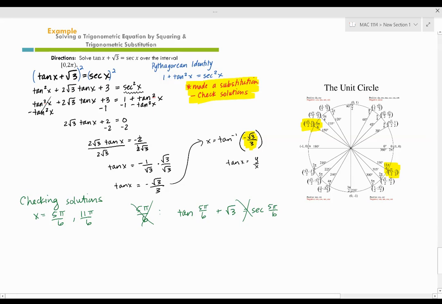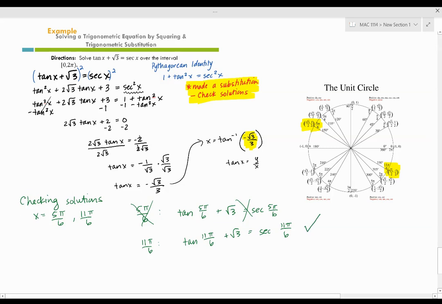Okay. When you go to try 11 pi over 6, you do the same thing. Tangent 11 pi over 6 plus square root of 3 equals secant 11 pi over 6. When you plug the left-hand side into the calculator and you check the answer and you plug the right-hand side into the calculator, both of these sides will equal each other.